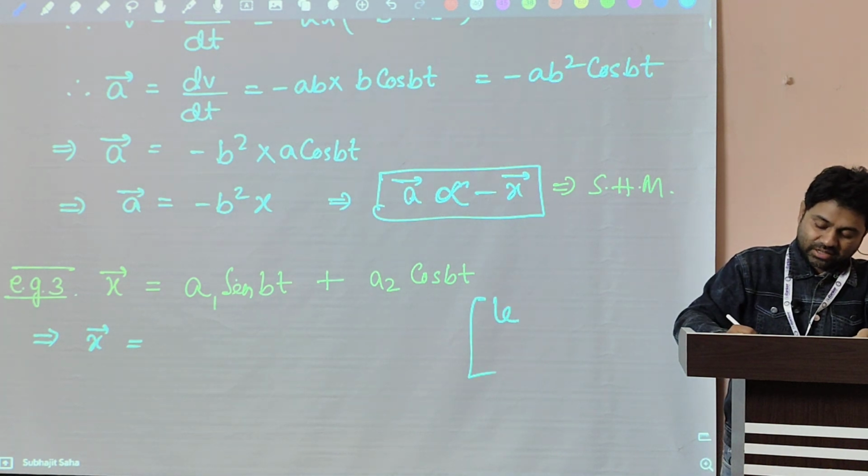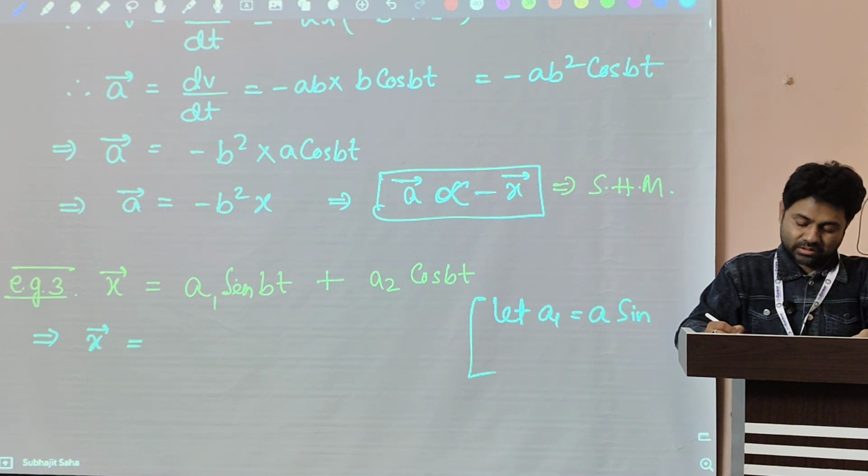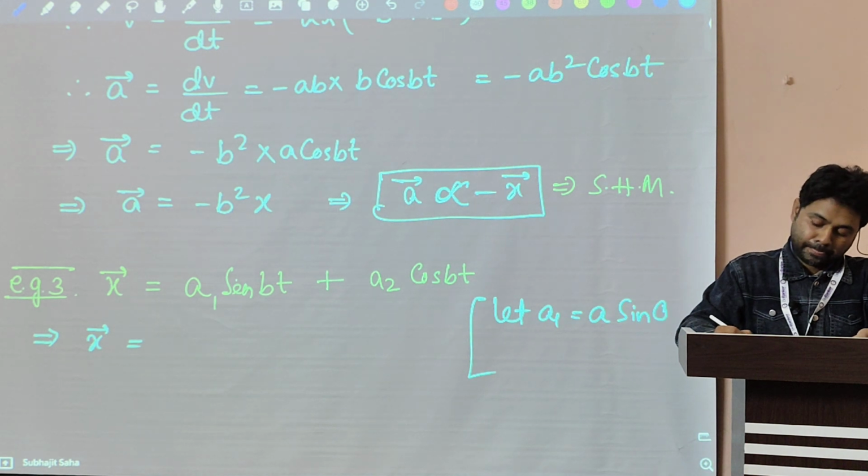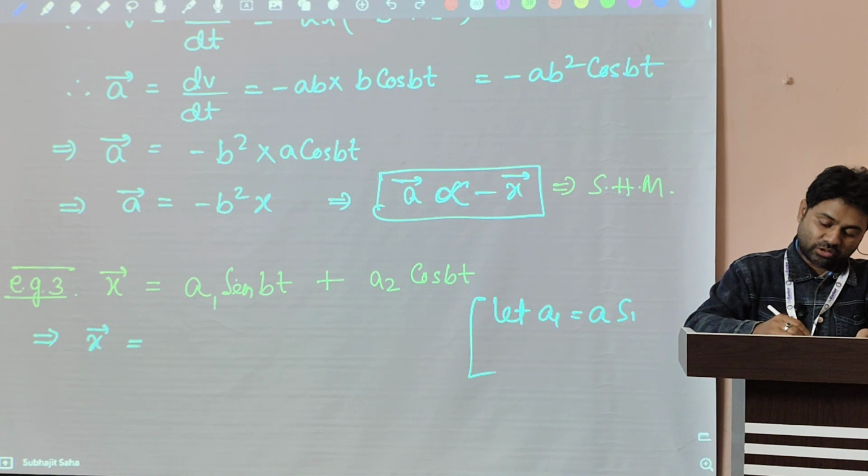Let's assume that a1 equals to a sin theta or a cos theta if you want. You may choose by yourself.